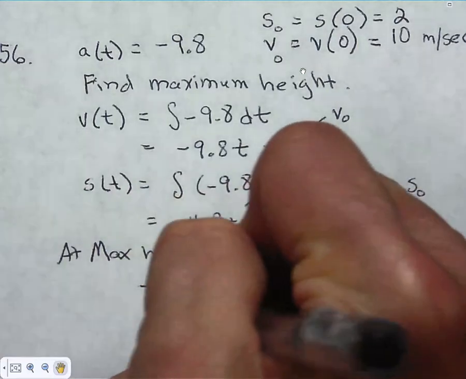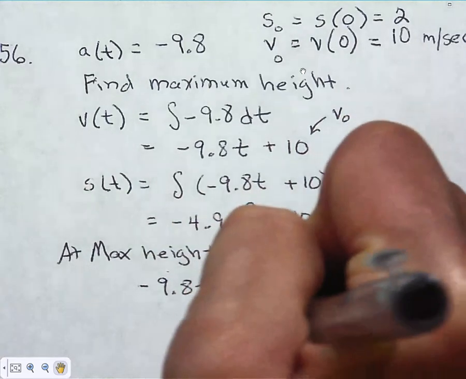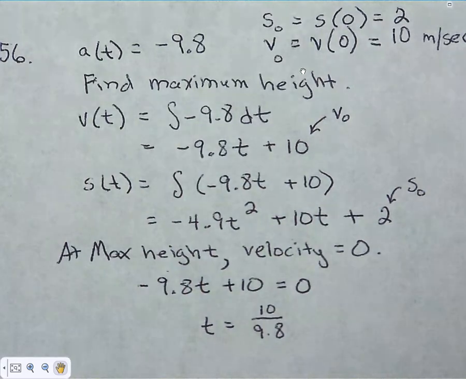And so that happens when t is 10 divided by 9.8. Darn close to 1 second. Have I answered the question yet? I have only answered when the ball reaches max height. I didn't answer what the max height actually is.